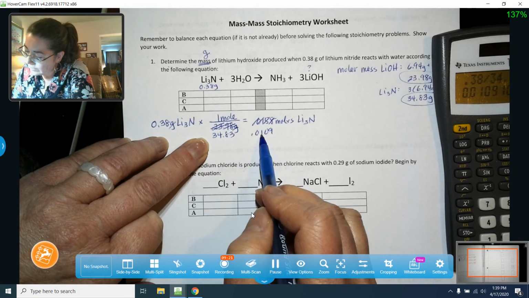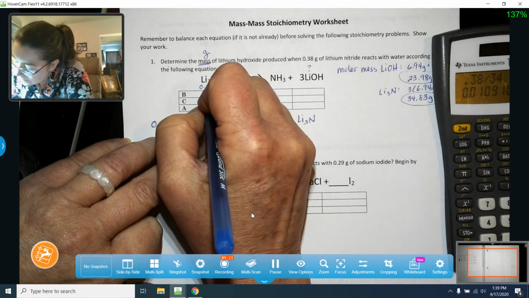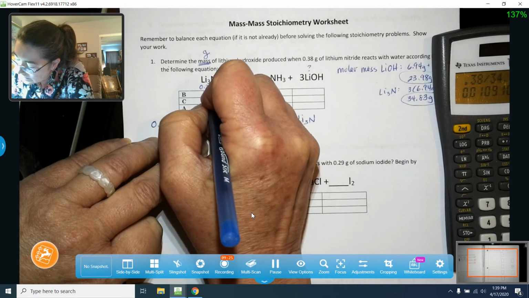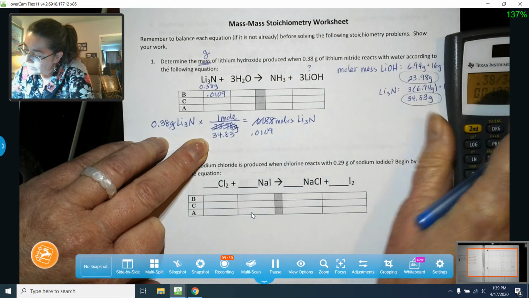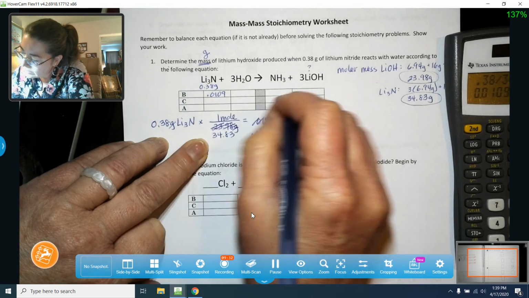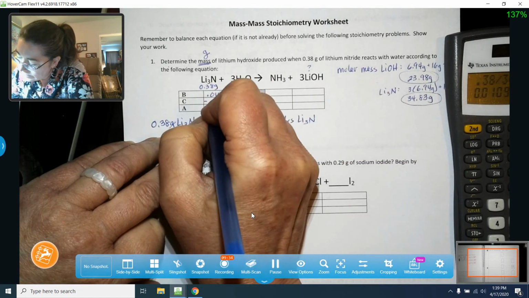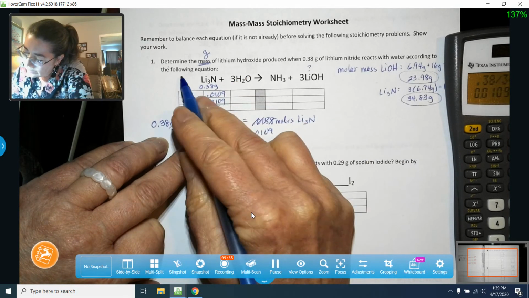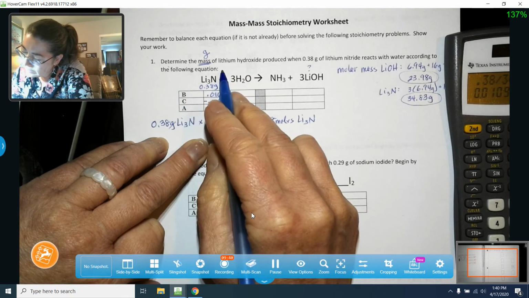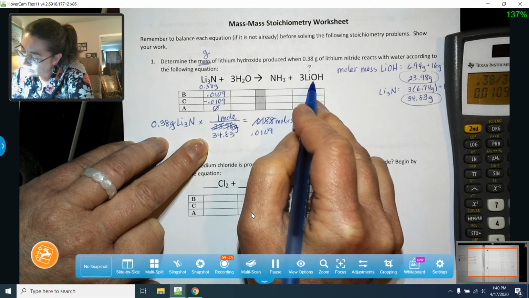And now I can put that right here. That's what I started out with, 0.0109. Okay, and they're asking me, I'm going to react all of this. Okay, and I'm trying to find the mass of lithium hydroxide.